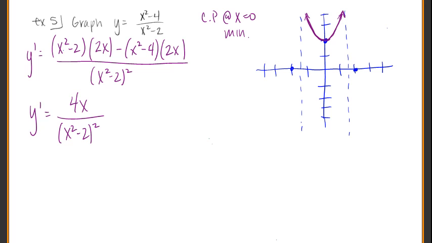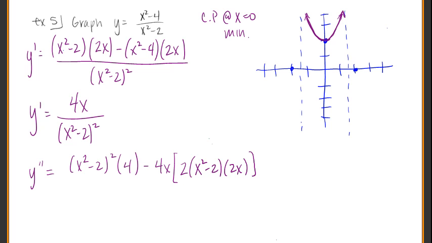Okay, so y double prime is going to be the bottom times the derivative of the top minus the top times the derivative of the bottom, all over the bottom squared. And the derivative of the bottom would be 2 times x squared minus 2 times 2x. Okay, and when we want to set this equal to 0, let's see if we can clean this up though. 4 times x squared minus 2 squared.